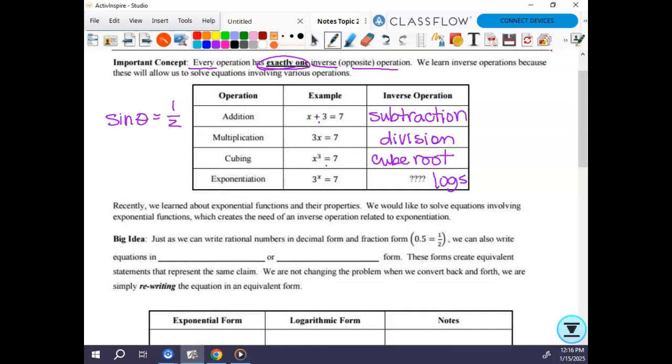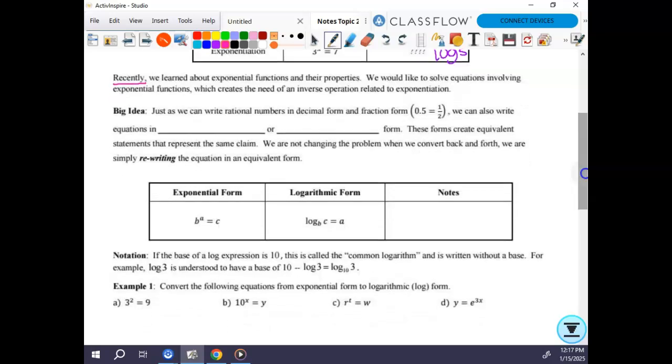It goes on to say that recently, which is not really true because really you learned this stuff before you ever met me, but recently we reviewed this. We learned about exponential functions and their properties. If we want to solve equations involving exponential functions, we need an inverse operation. That's where our logs come in.